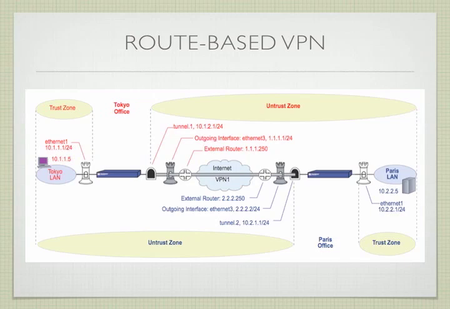So our tunnel interfaces in both these cases, we have a tunnel.1 interface in Tokyo in the untrust zone. We have an outgoing interface in the untrust zone, and we have an external router in the untrust zone. In the Paris office, we have a tunnel.2 interface, an outgoing interface, and an Ethernet router in the untrust zone.